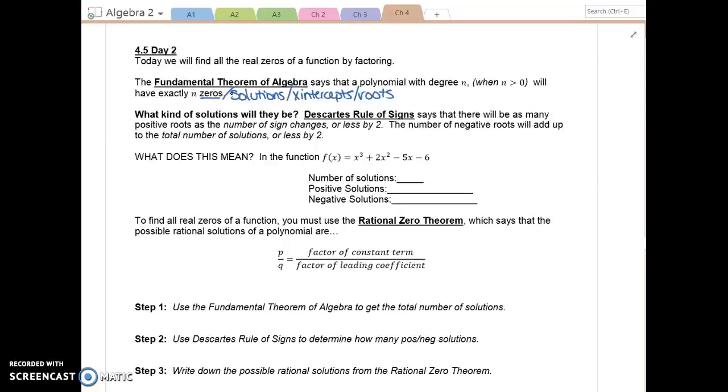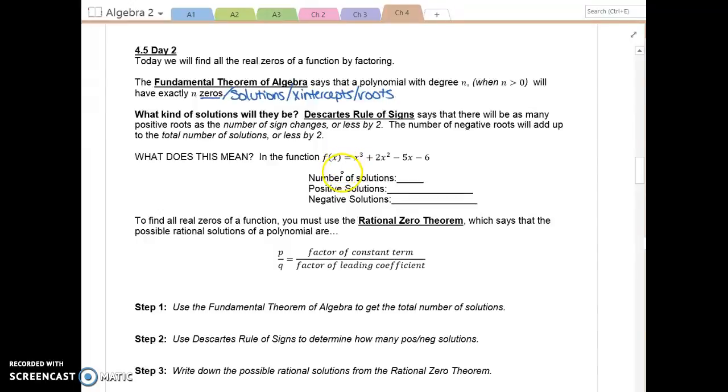So the fundamental theorem of algebra says whatever the degree is, whatever the largest exponent is, there are that many solutions, that many x-intercepts. As far as what kind of solutions they will be, either positive or negative, a really smart guy named Descartes figured out that if you look at the number of sign changes in a polynomial... take a look at this polynomial.